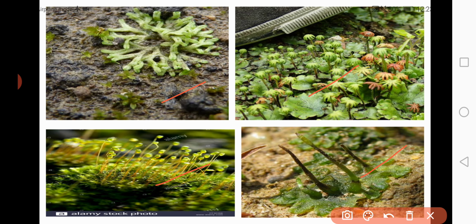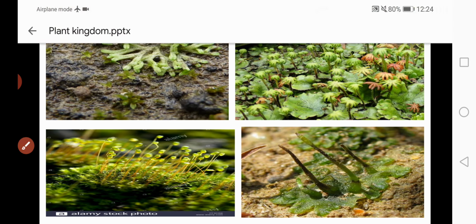The male sex organ is the antheridium, which produces biflagellated sperms, and the female sex organ is the archegonium, which produces a single egg. During fertilization, the antherozoid fuses with the egg cell to form the zygote. The zygote later produces the multicellular sporophyte. The cells of the sporophyte on meiosis produce haploid spores, and these spores on germination produce the gametophytic plant body. Understood? So these are the general characters.